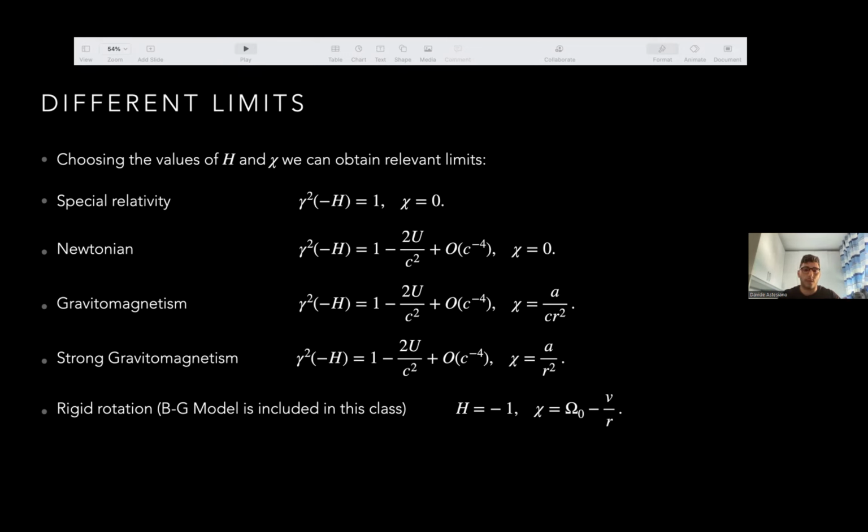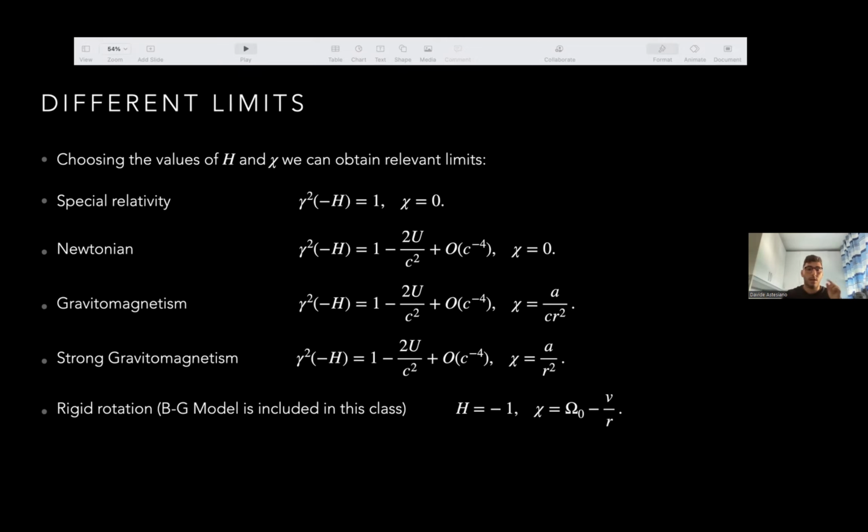Then you also have gravitomagnetism, and of course, you never heard about strong gravitomagnetism because it's a recent thing that I discussed in this article with Professor Ruggero, in which you have a stronger version of gravitomagnetism. You see that the key term now has a 1 over c, and here you don't have 1 over c, but it's pretty similar. And you can also have the rigid rotating model.